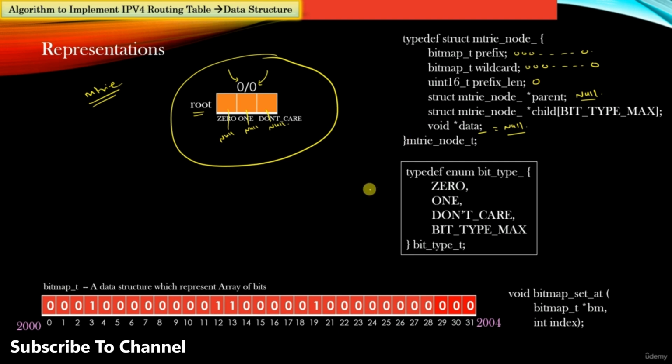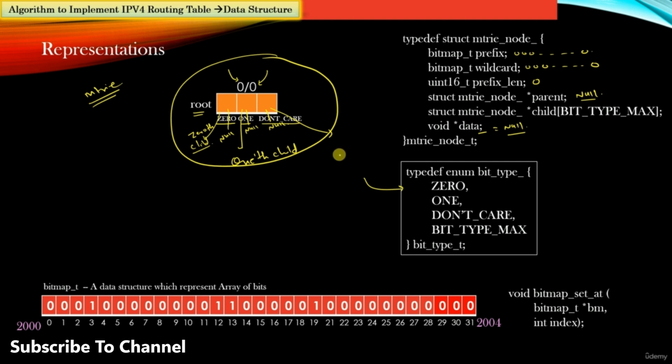Now coming to this enumeration, as I said, each mtry node is going to have 3 children. These children are indexed in the mtry node as 0, 1 and don't care children. We will discuss in detail, when we discuss the algorithm, what it means to say that this particular child is the 0th child, or this is the 1st child, and this particular child is the don't care child.